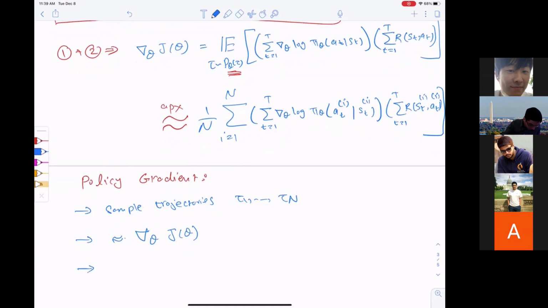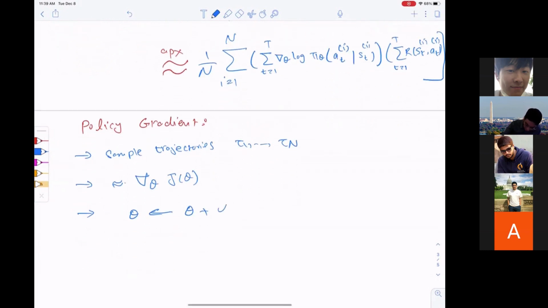And then I'm going to update my model parameters using gradient ascent because I'm maximizing. Right? So it would be theta plus my learning rate alpha times the gradient of J of theta. Start with some random theta, answering Amir's question, start from scratch with a random theta, and then use gradient ascent to do the optimization. So this is a really, really simple deep reinforcement learning algorithm and very powerful. In fact, you can easily implement it in different scenarios.